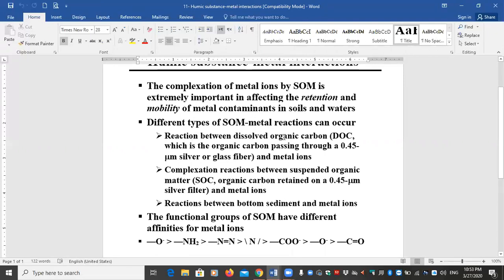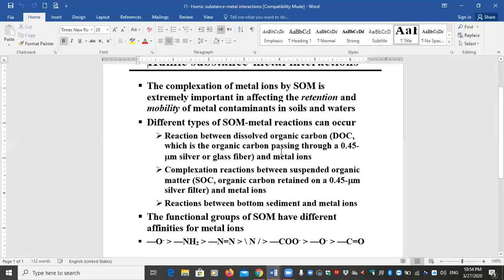Reaction between dissolved organic carbon, we abbreviate it as DOC, which is the organic carbon passing through a 0.45 micrometer silver or glass fiber filter, and metal ions. So what is the dissolved organic carbon?